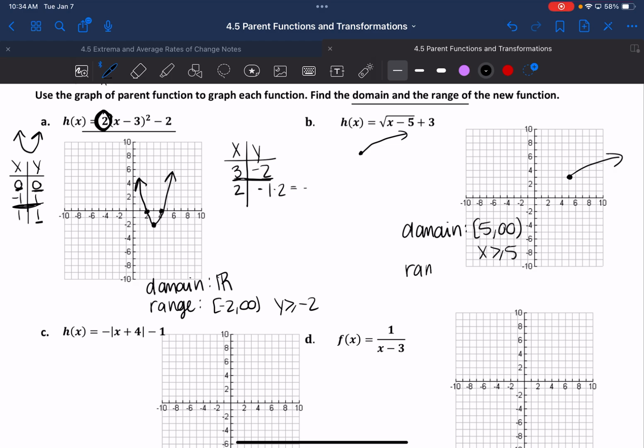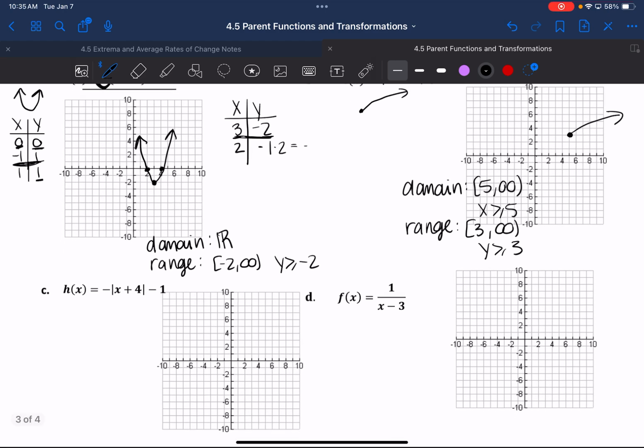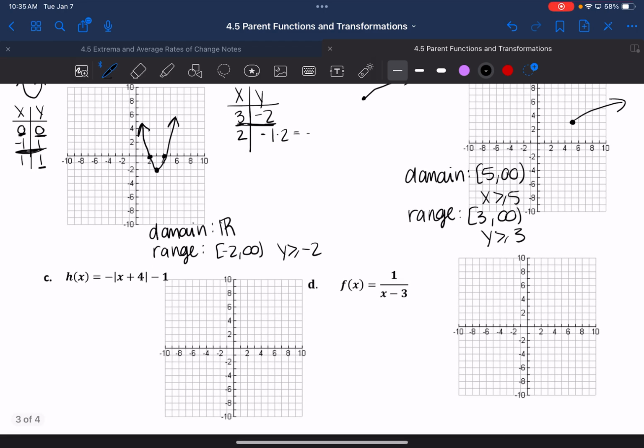All right, what would you guys say the range is? Very good. 3, right? Started at 3 and went off to infinity, or y is greater than or equal to 3. Perfect.